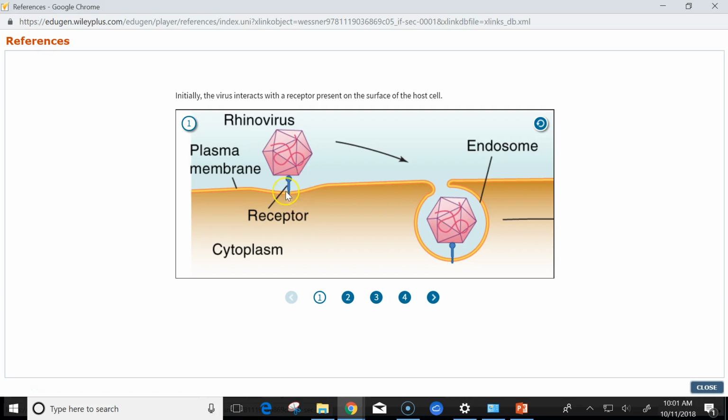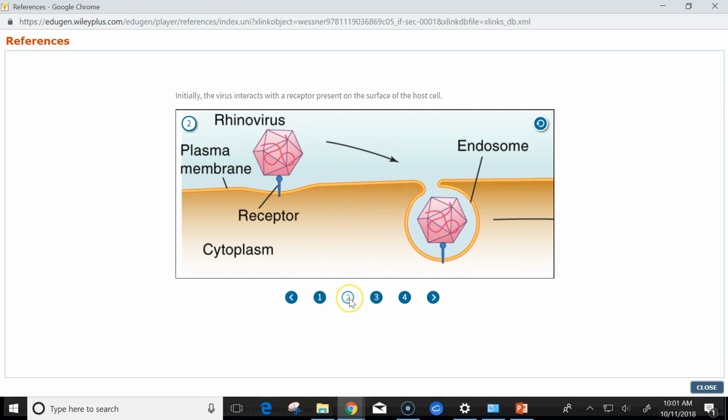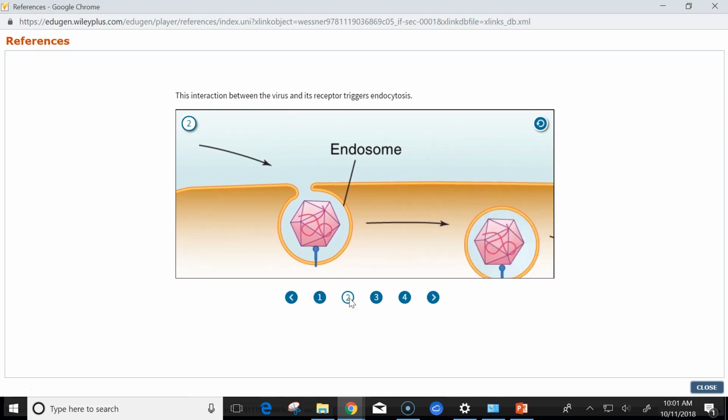So this particular receptor interaction induces this type of response, where it's going to use the membrane to surround it within an endosome. So this is endocytosis. We talked about this a while back, except this is not the type of endocytosis we like, because we're taking in something bad.